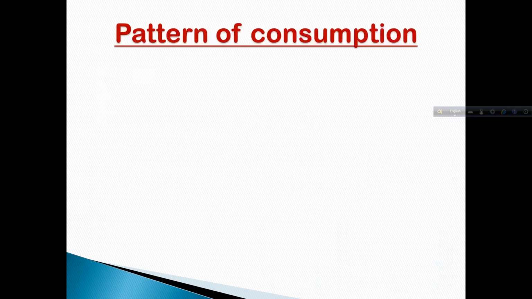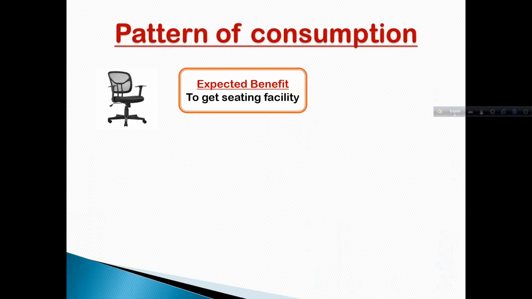For example, you have purchased a chair, and before purchasing it, your intended use or expected benefit from this chair would be sitting on it and doing some work. Let's say the useful life of this chair is 5 years.